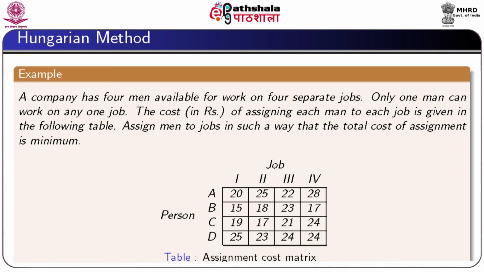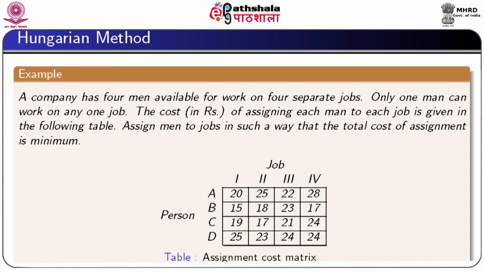Let us now demonstrate this method with an example. Suppose that a company has 4 men available for work on 4 separate jobs. A, B, C, D are the 4 men, and the jobs are 1, 2, 3, and 4, as shown in the following assignment cost matrix.